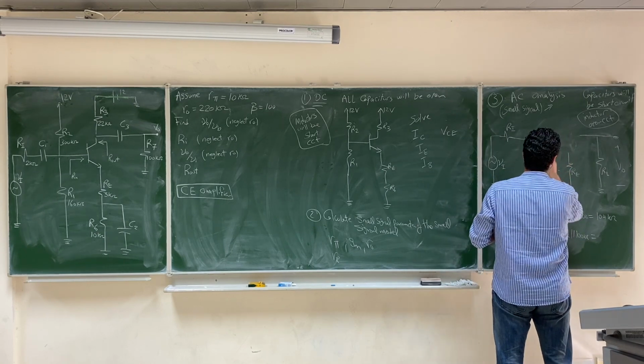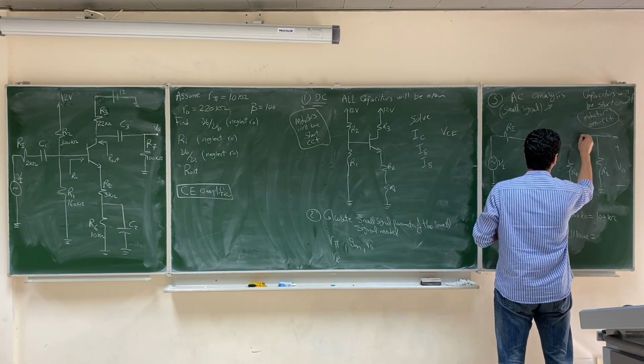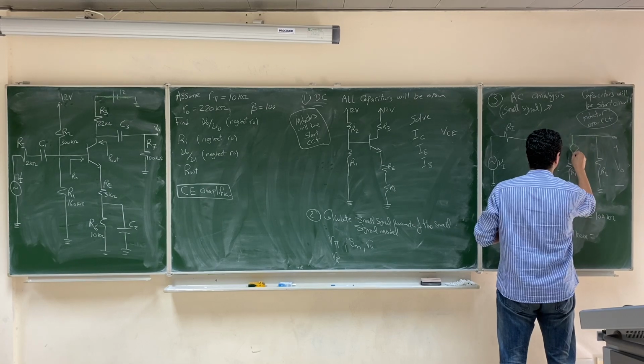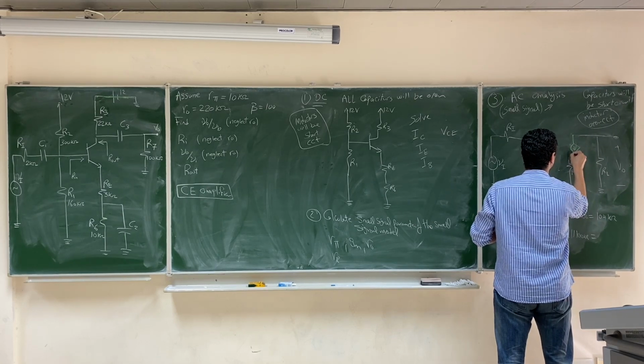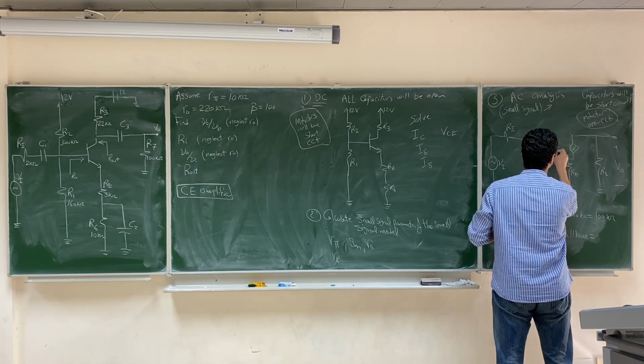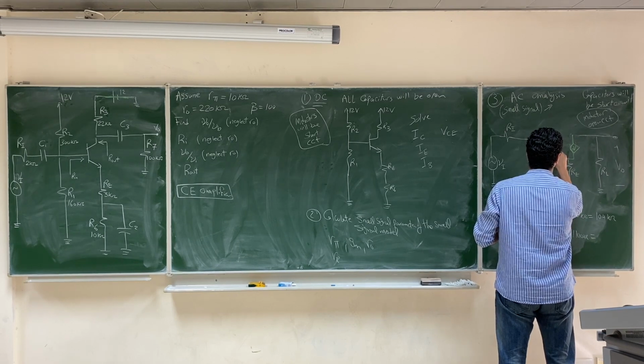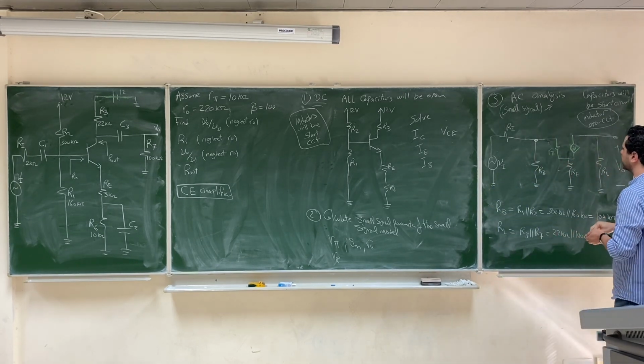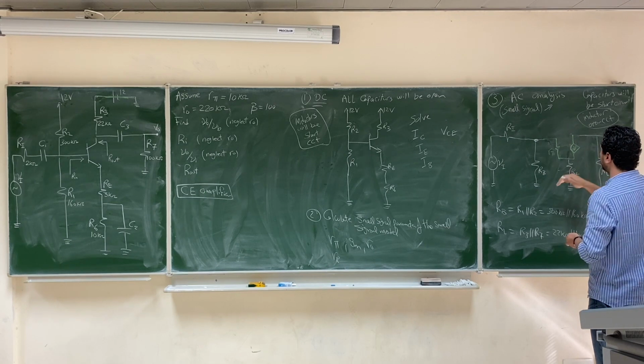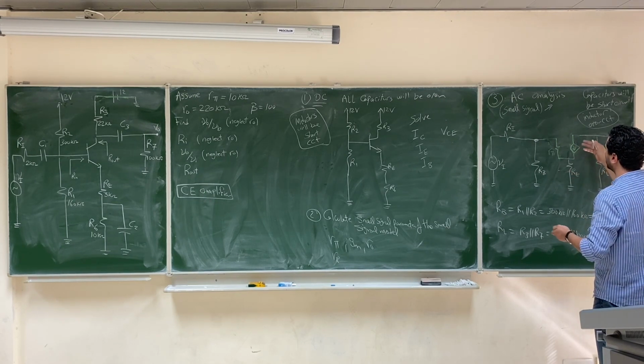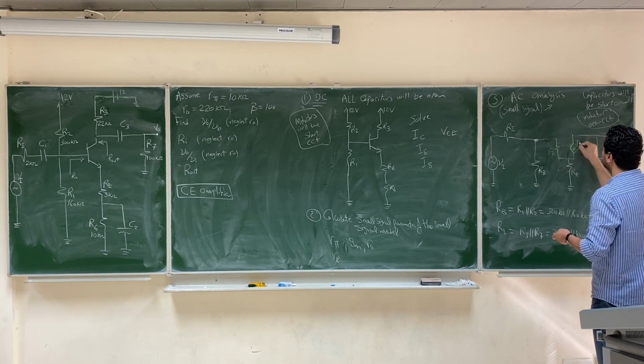If we use the pi model here, it will look like this. Resistance R pi, a dependent current source, gm VBE or beta I base, whatever is easier for you.